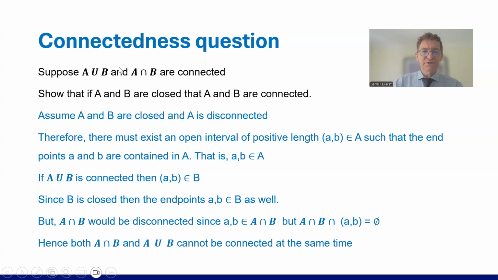So this is not true. And if we're showing that this is true, well, then one of those isn't true, and hence A and B are connected. So a lot of this discussion, a lot of your reasoning for questions will be just logic. If A is true, B is not true. Then if B is true, A is true, that sort of thing. It's really a lot of this whole subject is to do with logic.